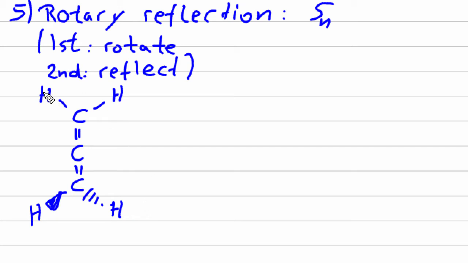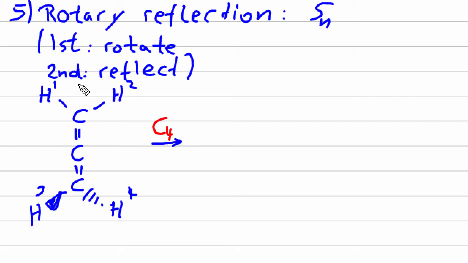And also here I want to give it some indices. So let's say this one is hydrogen number 1, hydrogen number 2, number 3, and hydrogen number 4. What I want to do here first is rotate this molecule by an angle of 90 degrees. Now remember our little formula, 2 pi over n, and n in this case is 4, meaning what we want to do here is a C4 rotation.